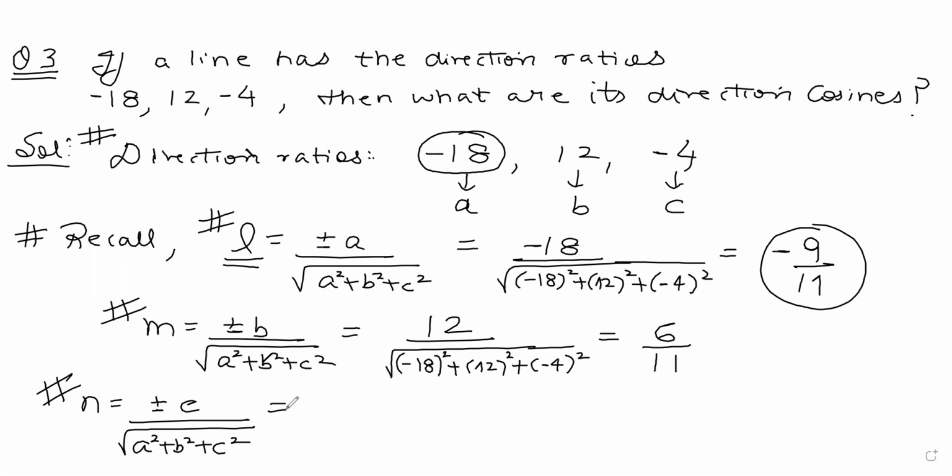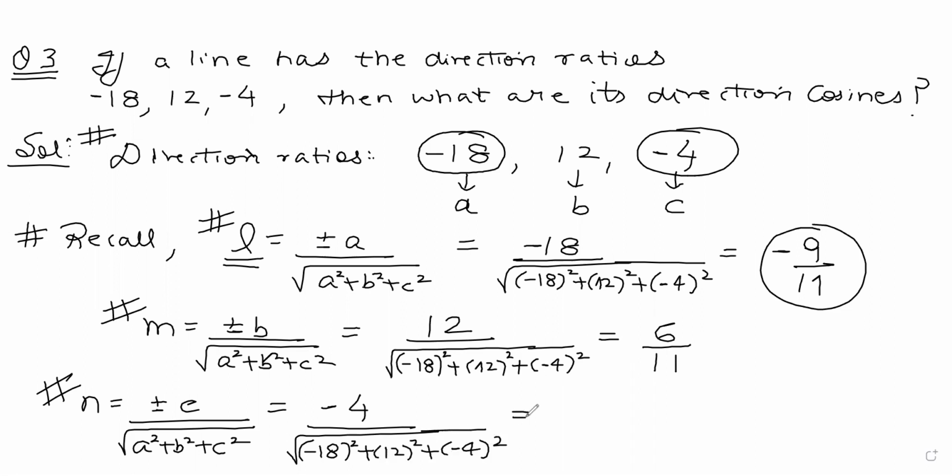And if you find out N, it's plus minus C, but C is negative, so I'll take minus 4 upon the square root of minus 18 square plus 12 square plus minus 4 square, and if you work it out, it comes out as minus 2 by 11. So you can clearly see in this question that we were given the direction ratios. From the direction ratios, we have found out the direction cosines. So the direction cosines are minus 9 by 11, 6 by 11, and minus 2 by 11.